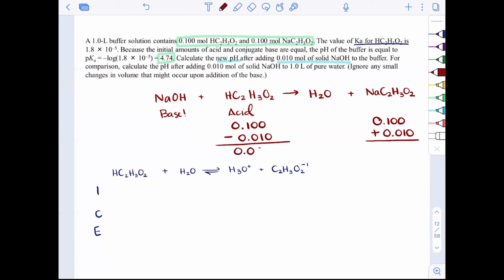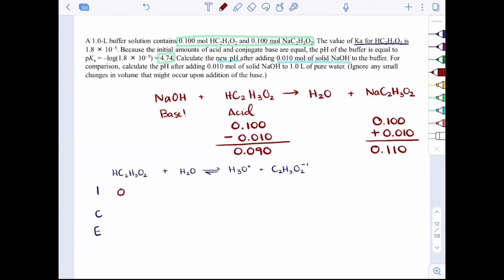So whatever we have for our addition of strong acid or strong base, in this case, a strong base, we will be subtracting that from the component of the buffer it's reacting with, in this case, acetic acid, and adding it to the component of the buffer that it's producing, in this case, conjugate base sodium acetate.